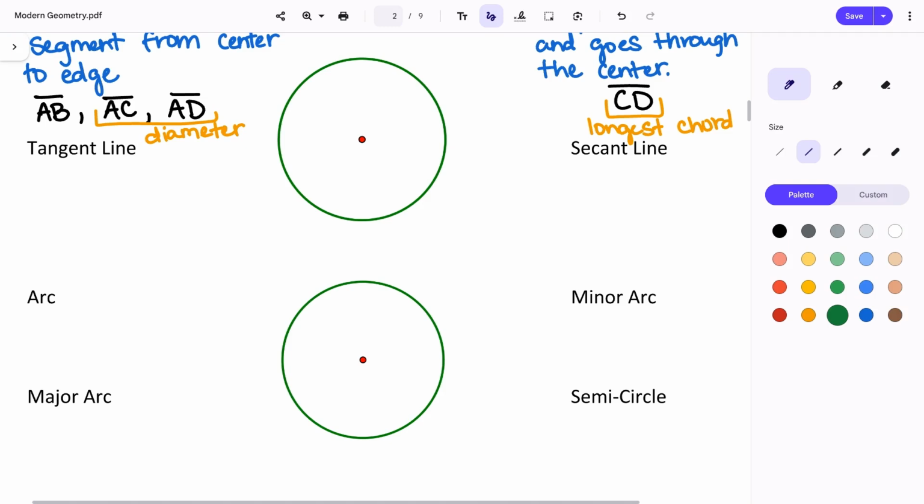But they are a little bit different from each other. A tangent does something that a secant does not do, and a secant does something that a tangent does not do. A tangent line, the definition of this, is a line that hits a circle at exactly one point.